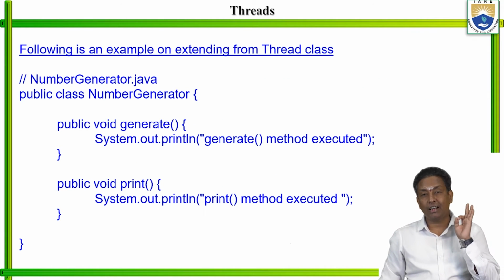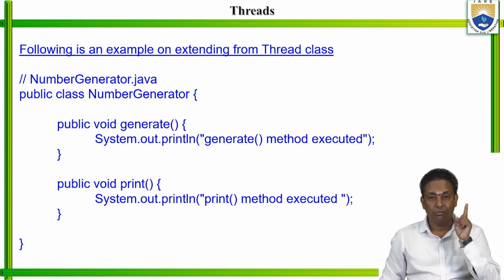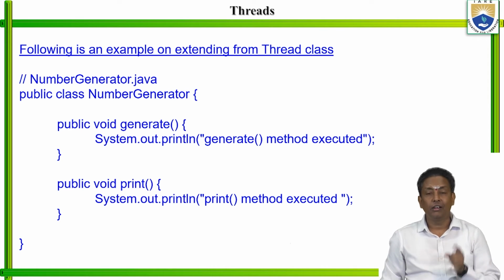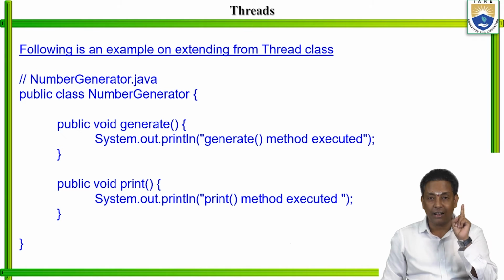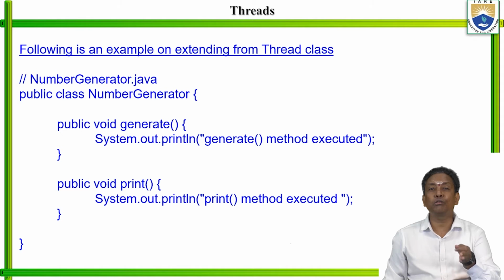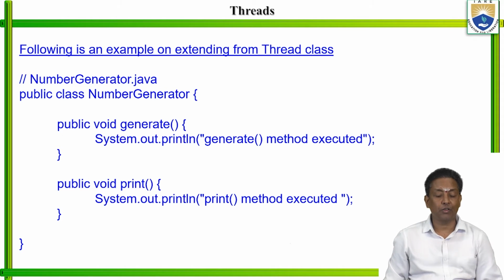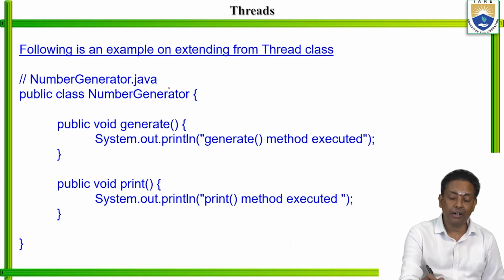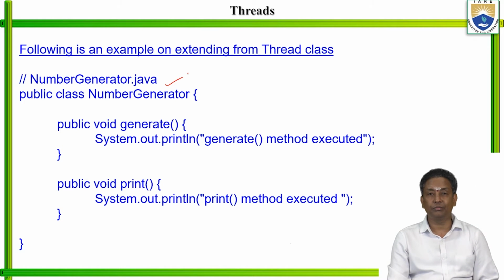Before writing threads, we must have a class with multiple methods, the methods that we want to run simultaneously. For that, we have written one class called NumberGenerator.